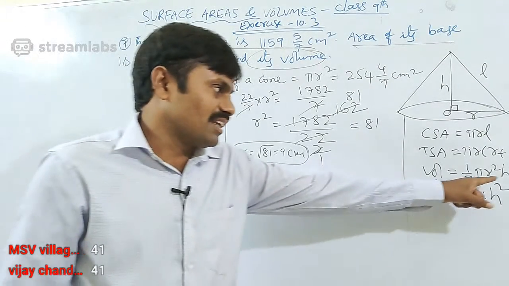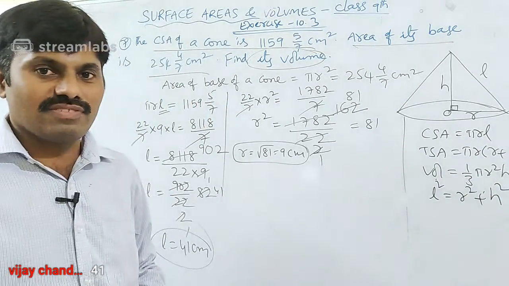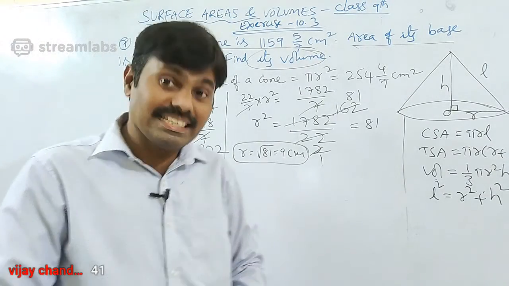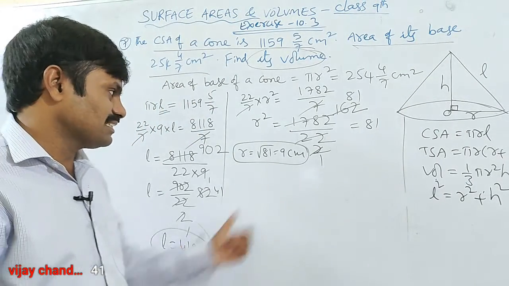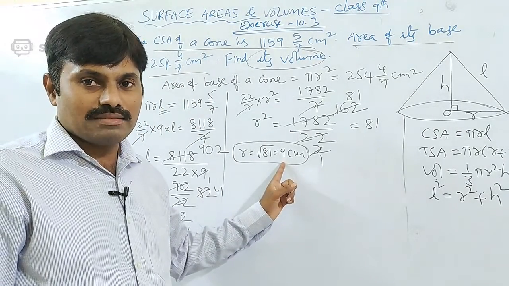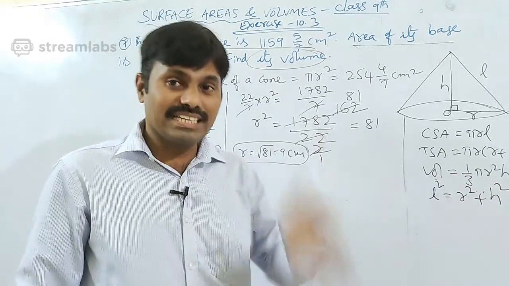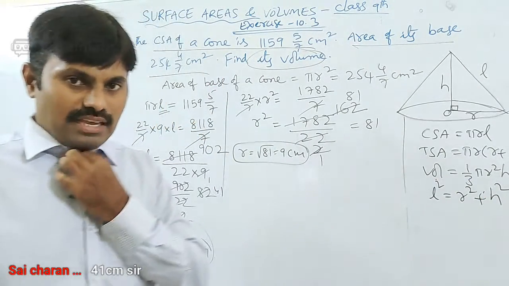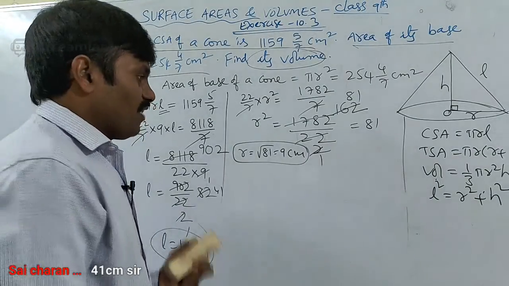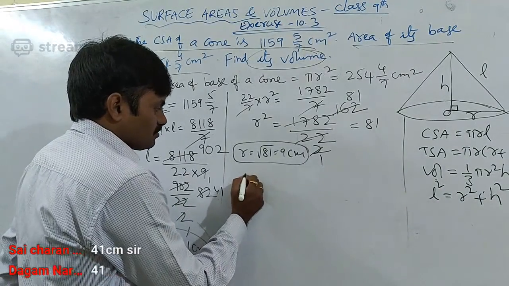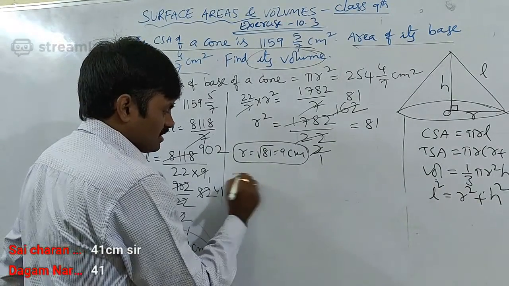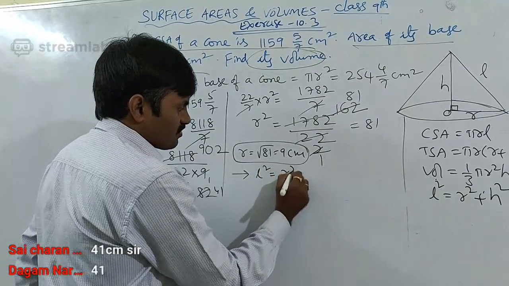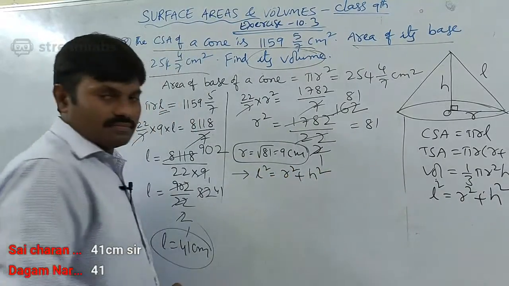Now what is required here? In 1 by 3 pi r square h, we need the values of r and h, but we know the slant height and the base radius, and we want the vertical height. Here h means vertical height, l means slant height. The relation is l square is equal to r square plus h square.